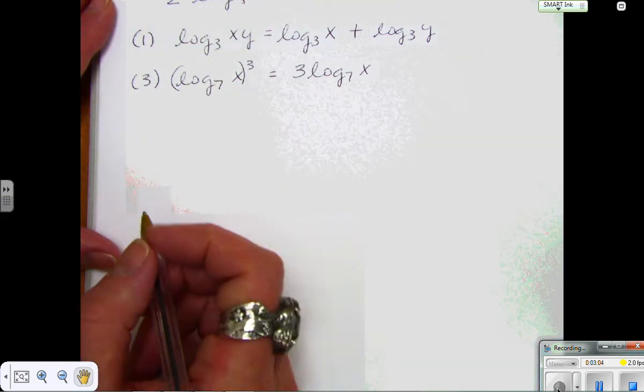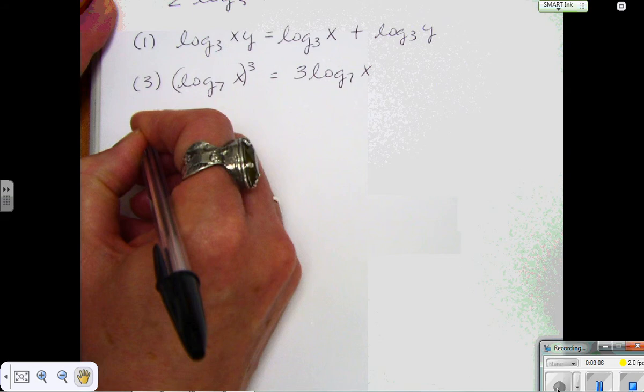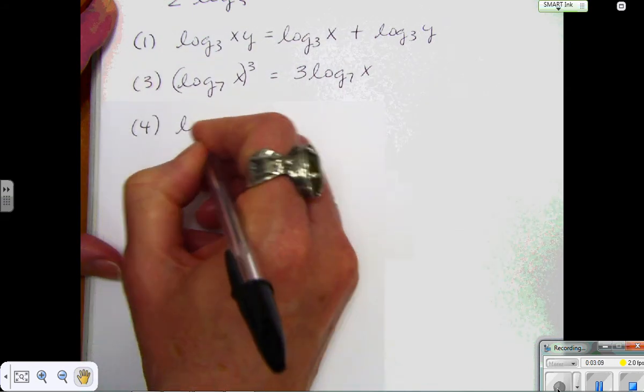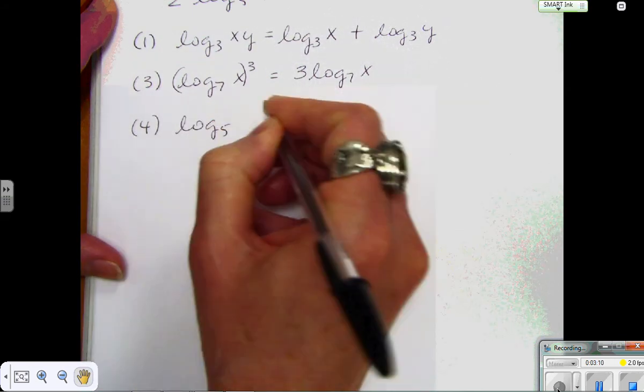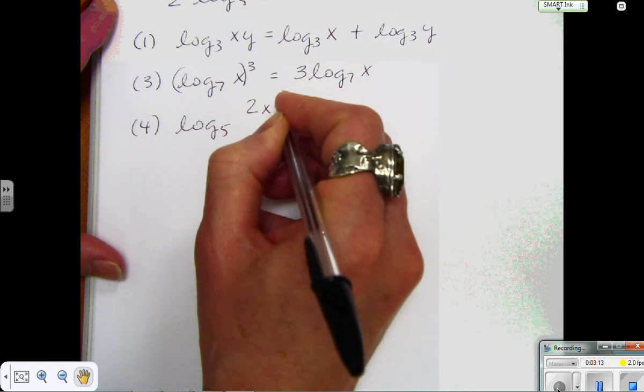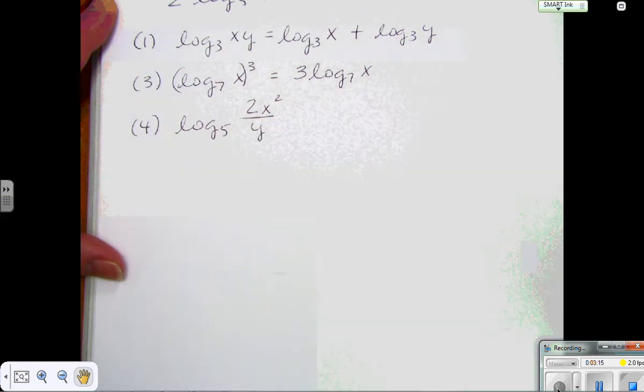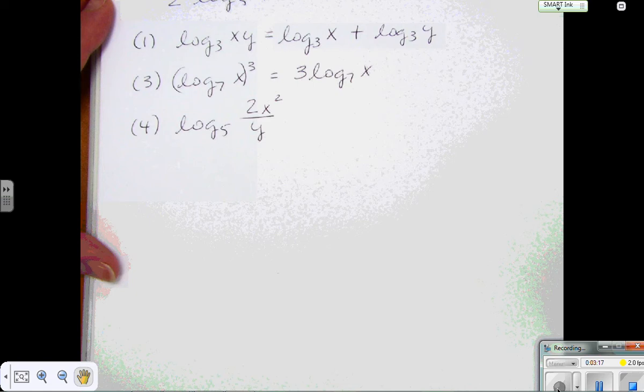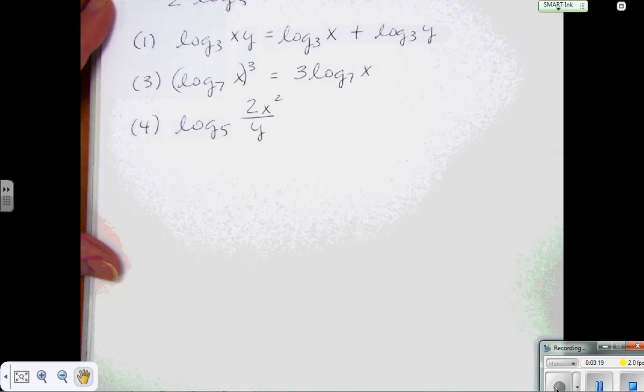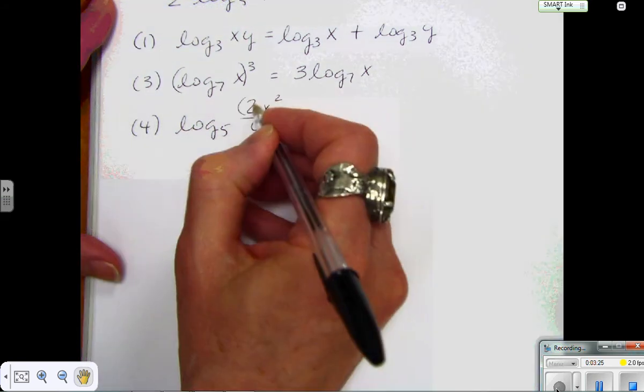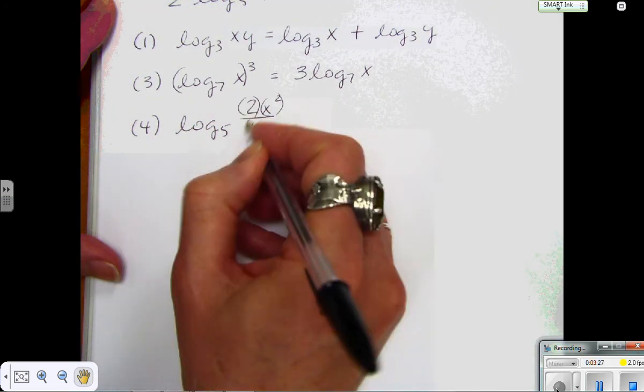Let's look at number 4. Log base 5 of 2x squared divided by y. So there are actually three factors. The 2x squared is not all one number, right? It's 2 times x squared. So 2 is a factor, x squared is a factor, y is a factor.